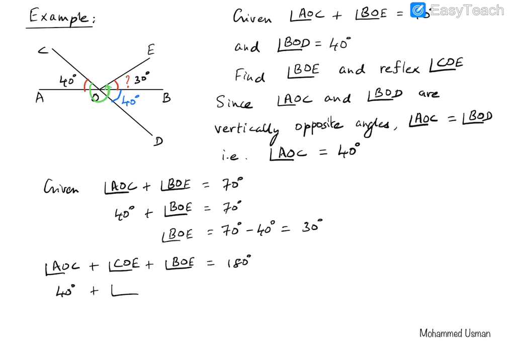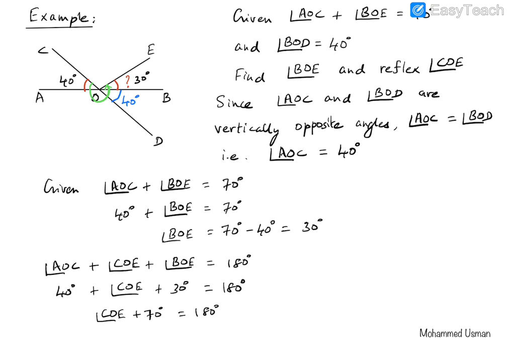COE we don't know, plus BOE we know that to be 30 degrees, and that sum is 180 degrees. So angle COE plus 40 plus 30, 70 degrees, equals 180 degrees.